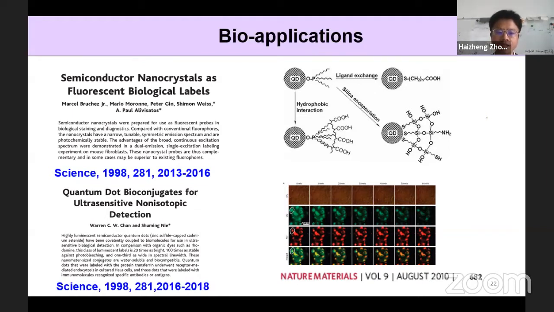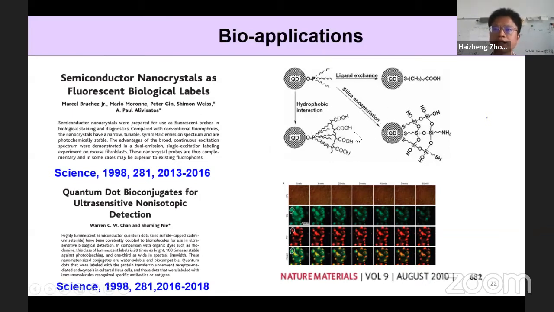So in the hot injection, the obtained quantum dots can only be dissolved in non-polar organic solvents. By changing the organic ligands into bifunctional ligands, we can fabricate quantum dots well dissolved in water. And there are also different ways, such as silica encapsulation.